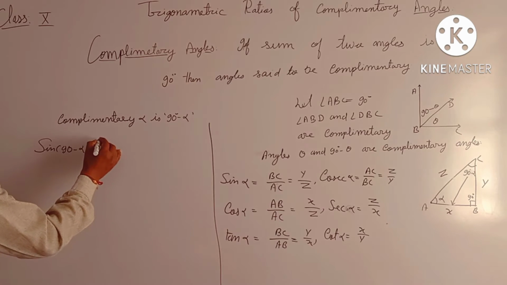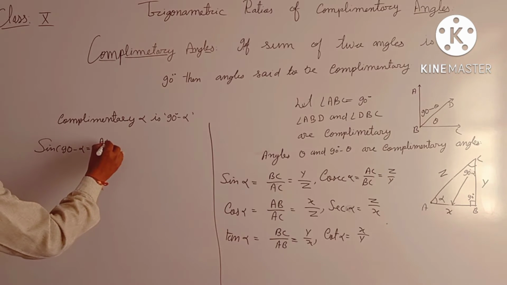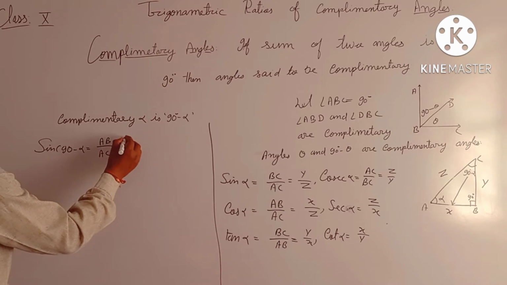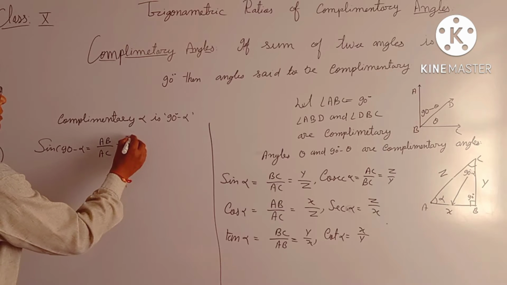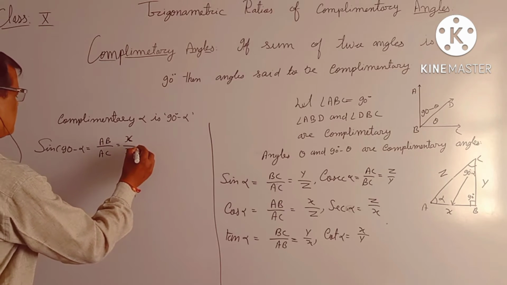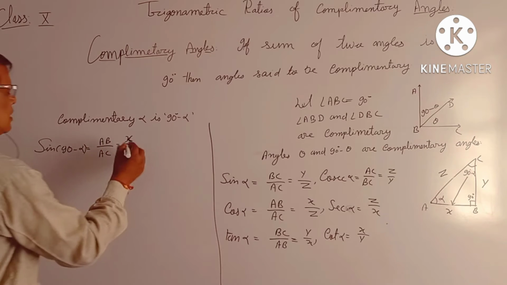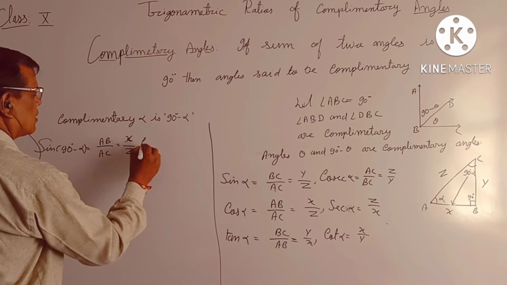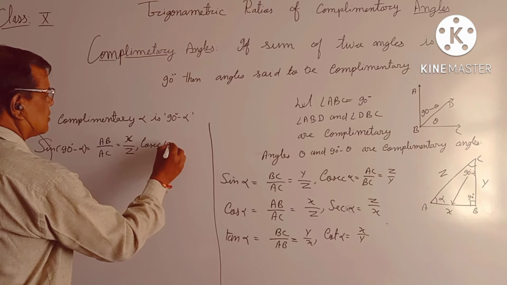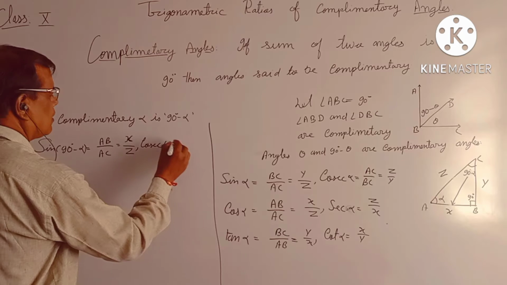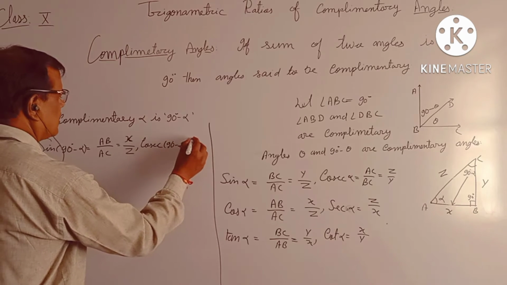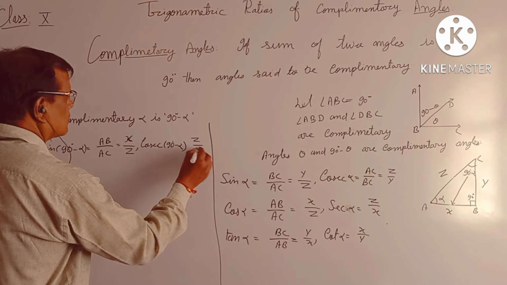As the perpendicular is AB and the hypotenuse is AC, it is x upon z. Now the opposite of this, cosec of 90 minus alpha, will be z upon x.